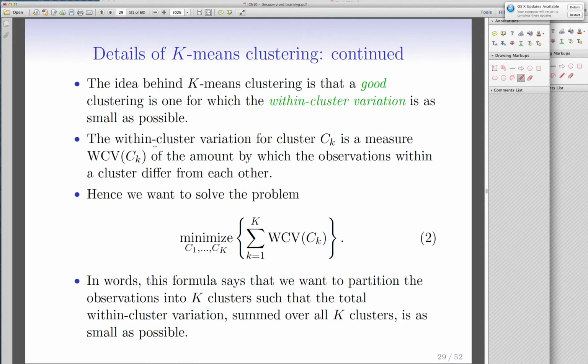So in general, we want to minimize the within-cluster variation. Okay, so we want to minimize the within-cluster variation of these values.